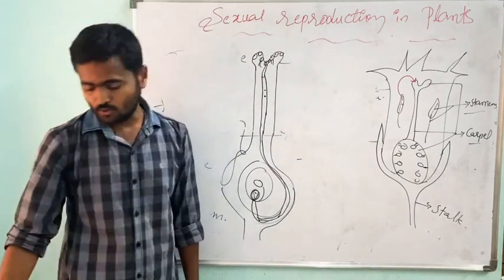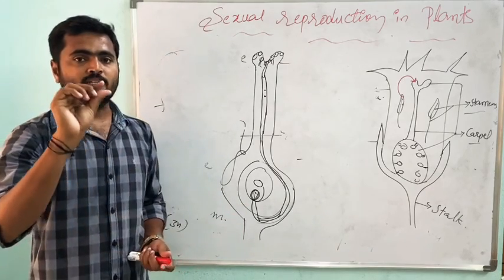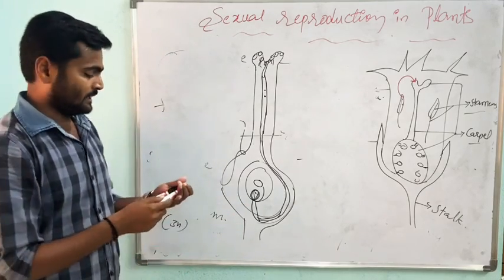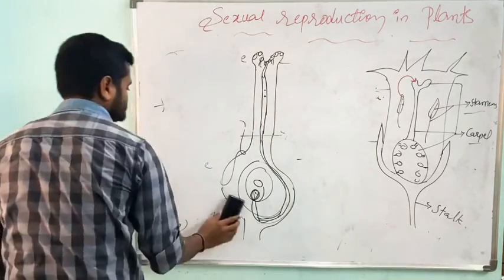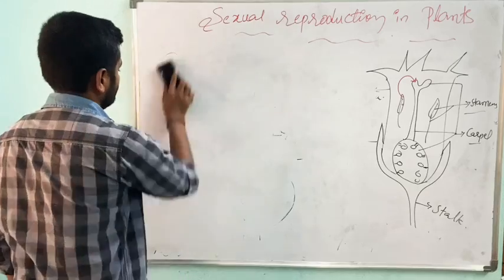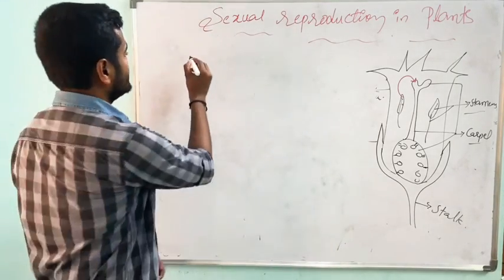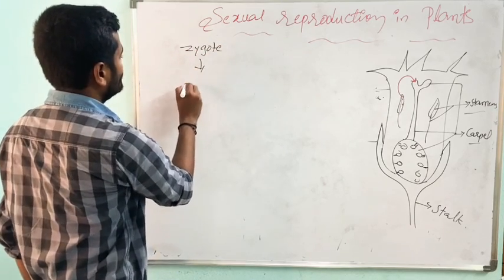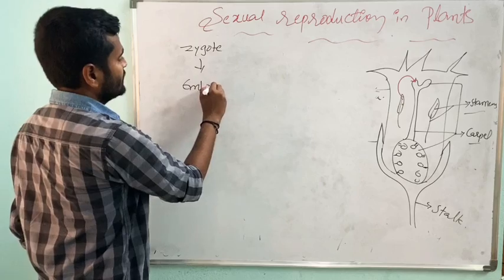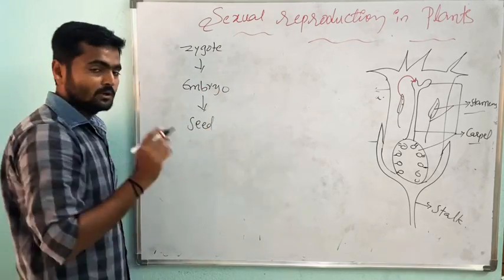Now after the production of the zygote, what happens? The zygote develops into an embryo, and the embryo develops into a seed.